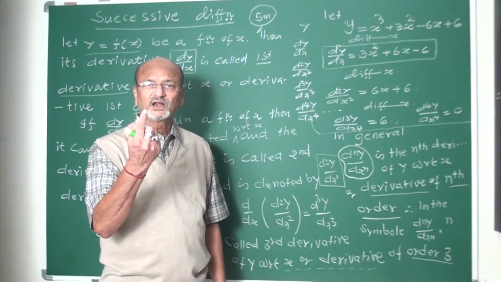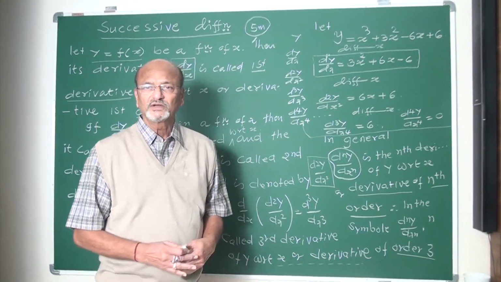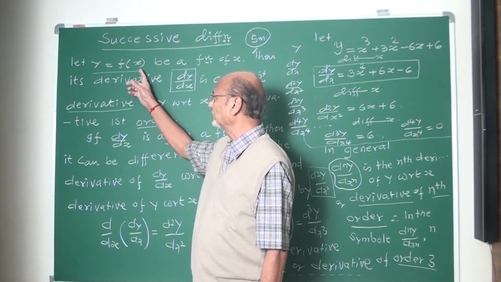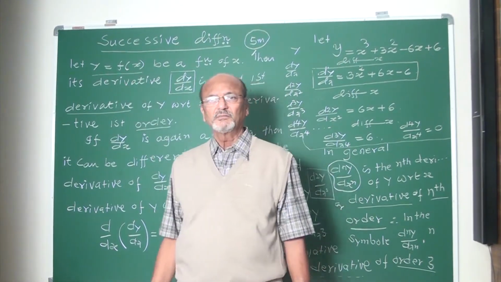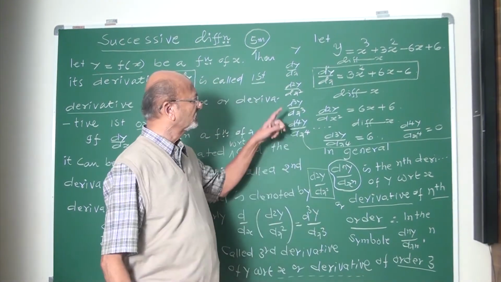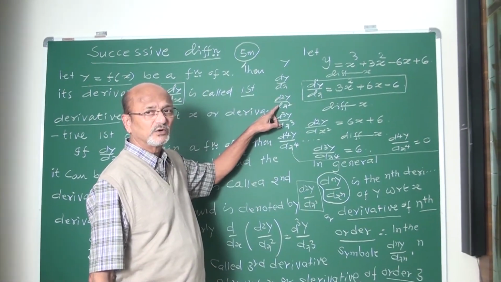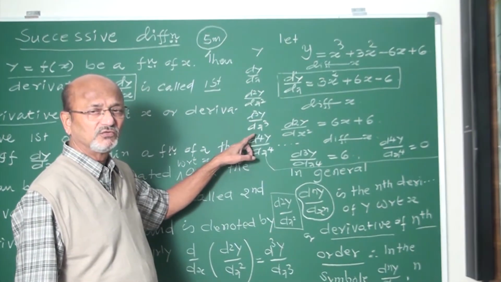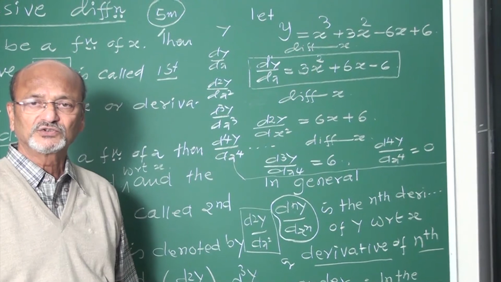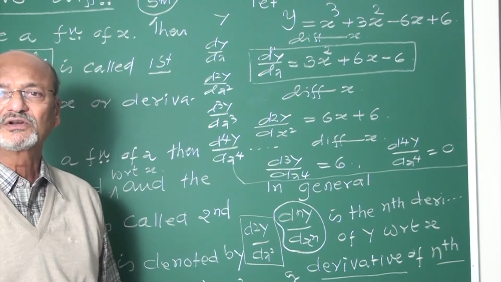My friends, in one line, if y equal to f(x) is a function of x, then the method of finding the successive derivatives, dy by dx, d2y by dx2, third, fourth, like that, is known as successive differentiation.